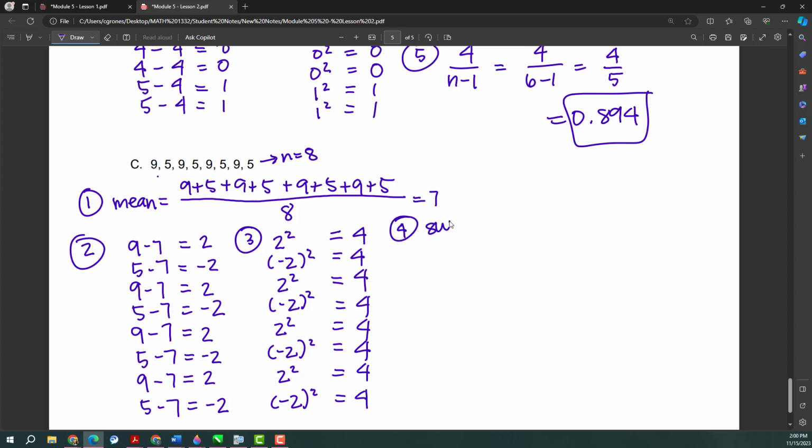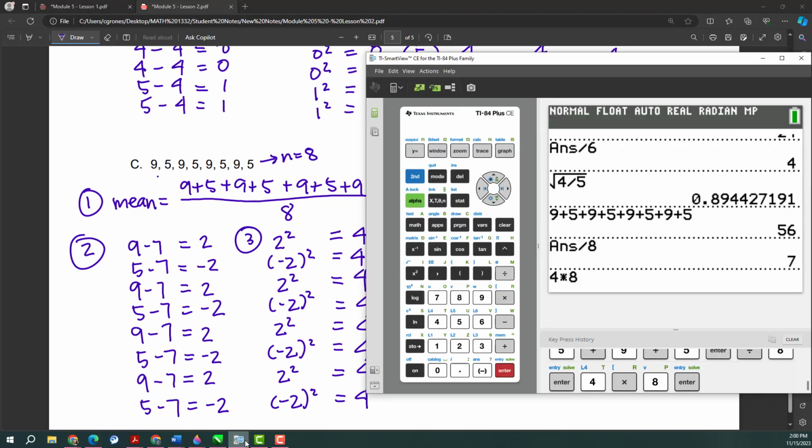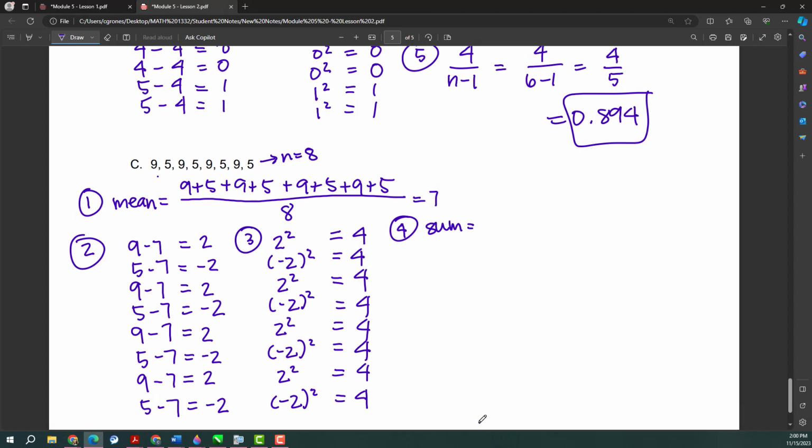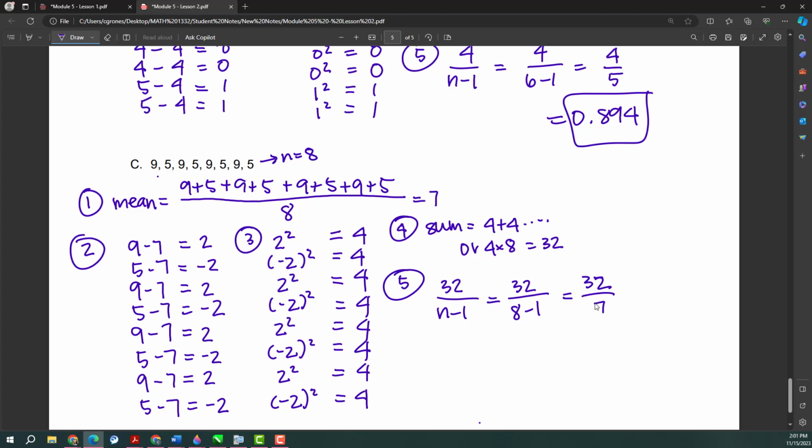Step 4, we are going to sum. So 4 plus 4 plus 4, or you can just do 4 times 8. We have 32. Step 5, we are going to divide 32, our answer from step 4, by n minus 1. n equals 8, so 32 divided by 8 minus 1 equals 32 over 7.